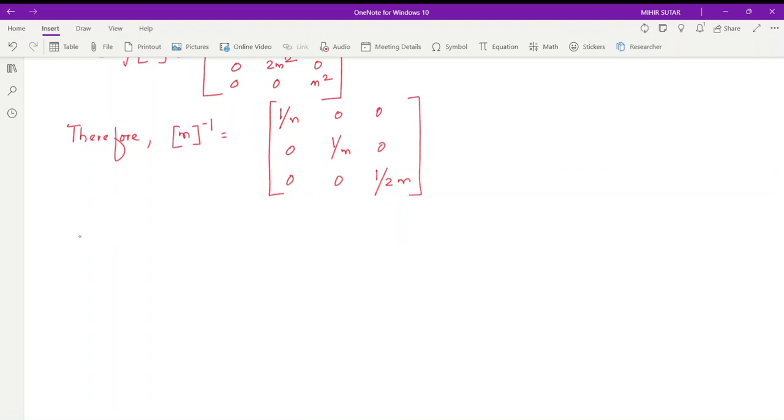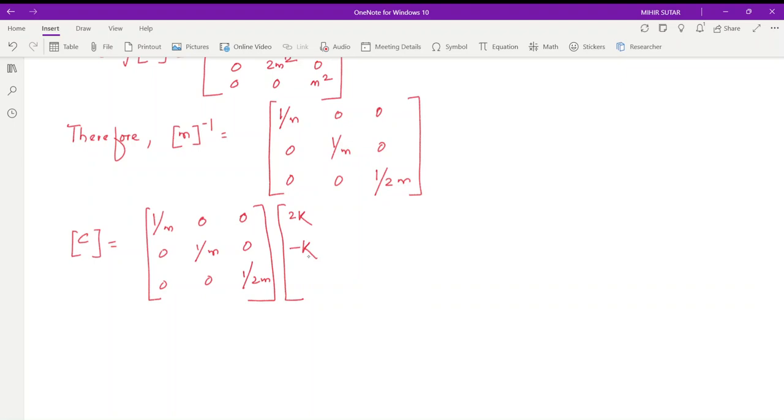Now the dynamic matrix C will be 1 by m 0 0, 0 1 by m 0, 0 0 1 by 2m, the inverse mass matrix, multiplied by the stiffness matrix: 2k minus k 0, then minus k 3k minus 2k, 0 minus 2k and 2k.